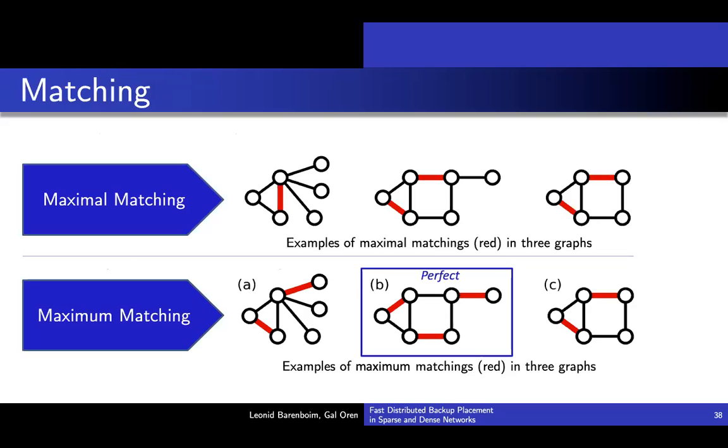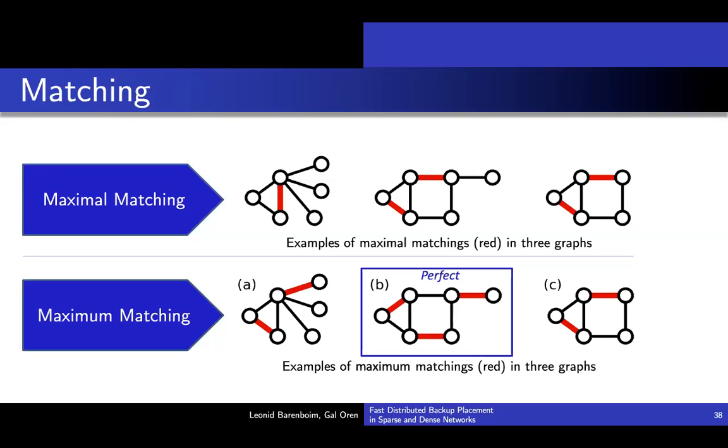A set of edges M in E is called a matching if and only if every vertex V in V belongs to at most one edge in M. A maximal matching is a matching that is maximal with respect to additions of edges, meaning there is no edge E in E such that M union E is a valid matching.